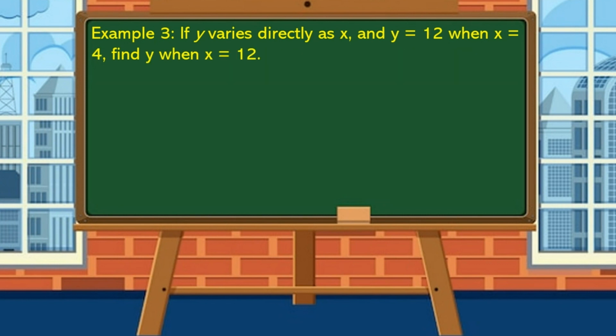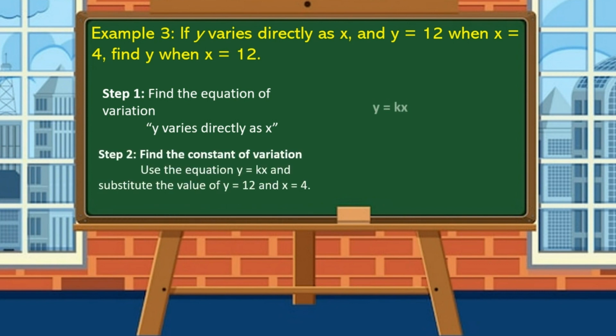Next, let's have example number 3. If y varies directly as x and y is equal to 12 when x is equal to 4, find y when x is equal to 12. Let's have the first step. Find the equation of variation. Y varies directly as x. Find the constant of variation. Use the equation y is equal to kx and substitute the value of y is equal to 12 and x is equal to 4.